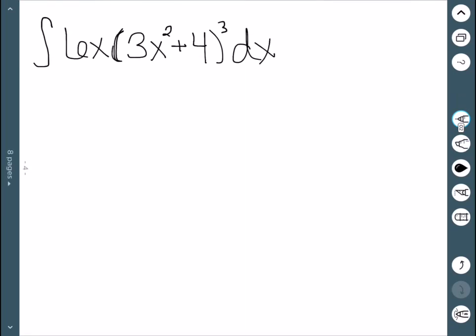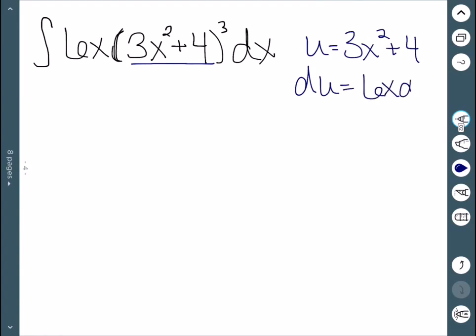First, we have the integral of 6x times 3x squared plus 4. One of the things we may want to look out for whenever we're looking at substitution is something inside of parentheses like this, something raised to a power. In particular, we are going to let u be equal to 3x squared plus 4. Du would then be the derivative, which is 6x dx.